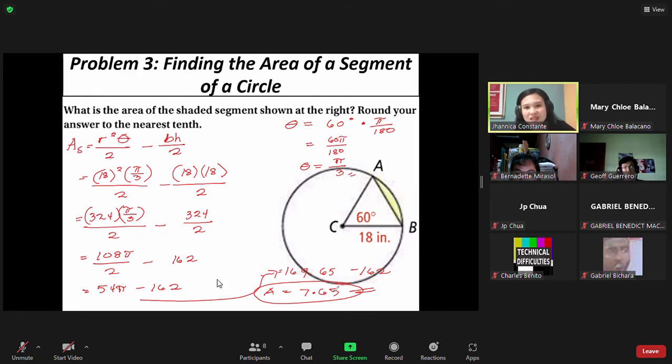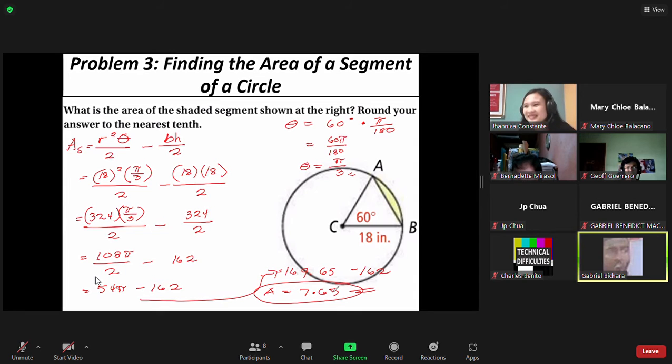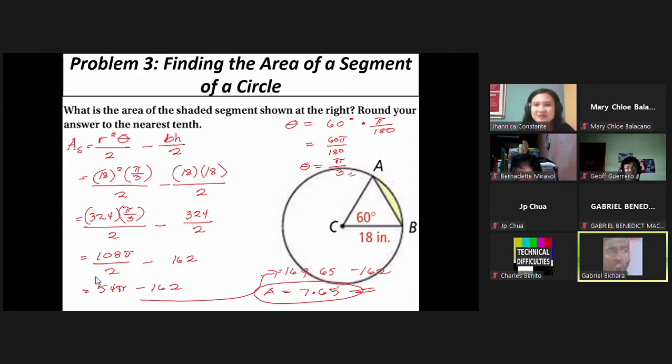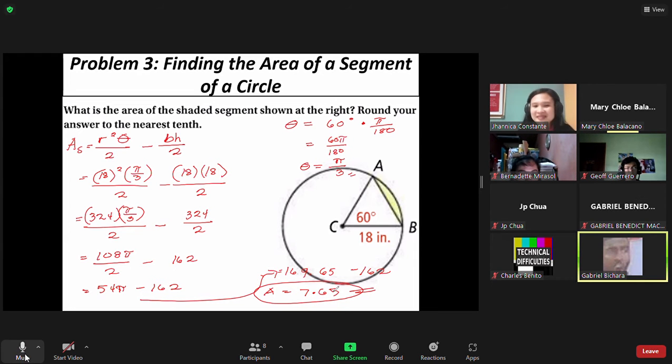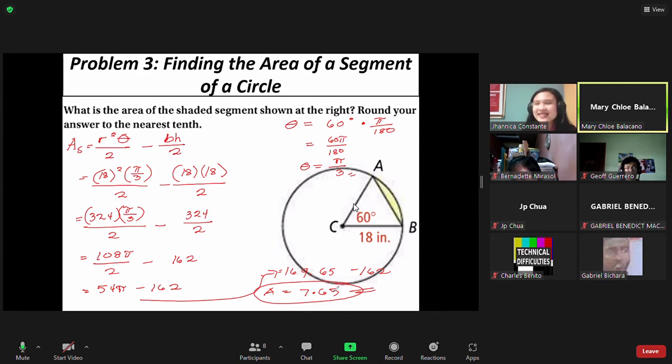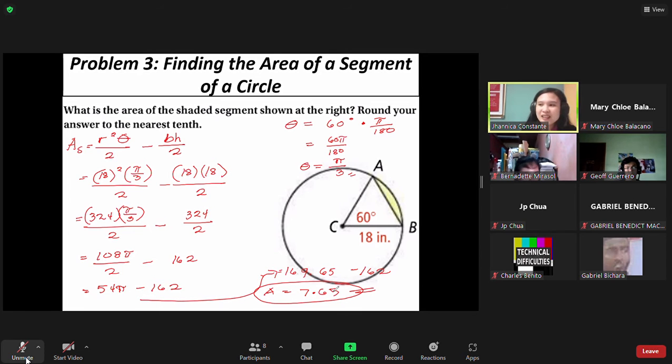Question in this example? You turn it into radian by multiplying it by pi divided by 180. And then you use that for the angle. Yes. No need to change the unit.